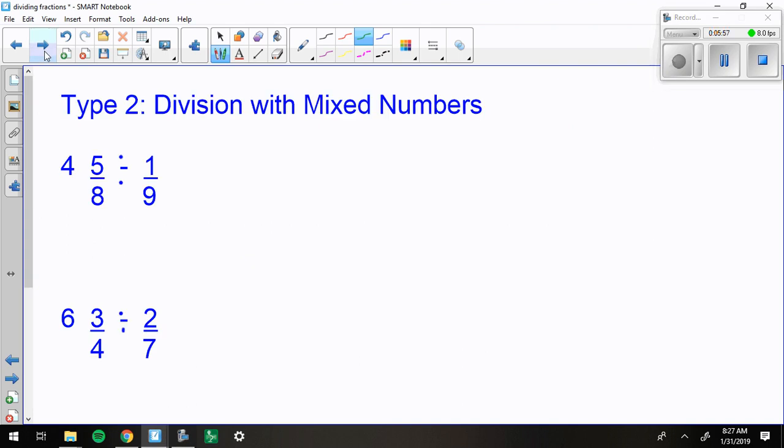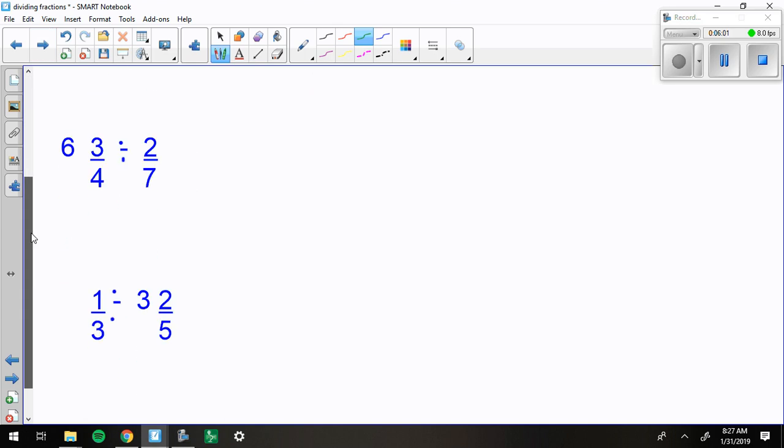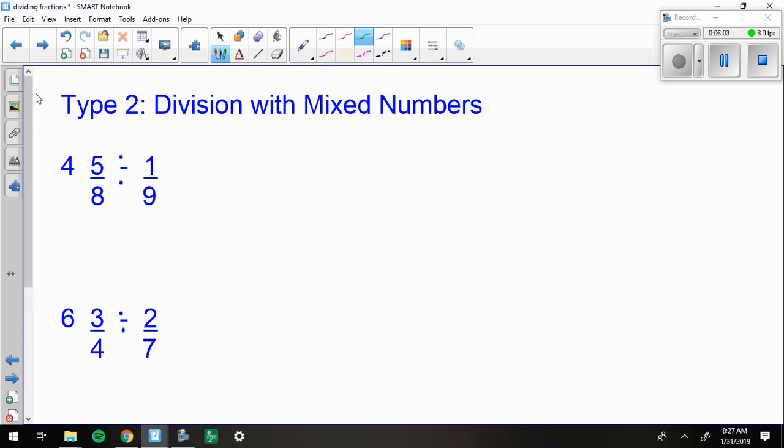And now we're going to see some mixed numbers, but we know what to do with mixed numbers, don't we? We need to change that mixed number into an improper fraction, for the same reason as in multiplication. We need this whole number as part of our fraction. We're dividing that whole number too.